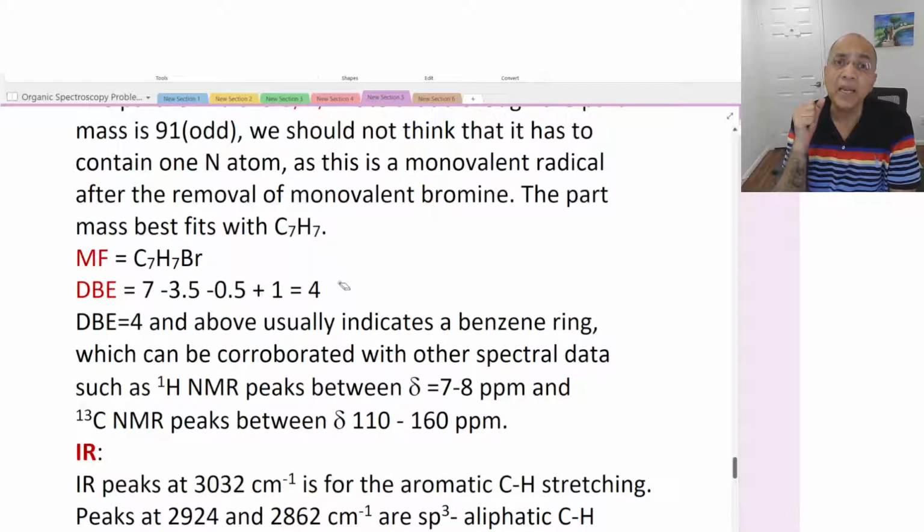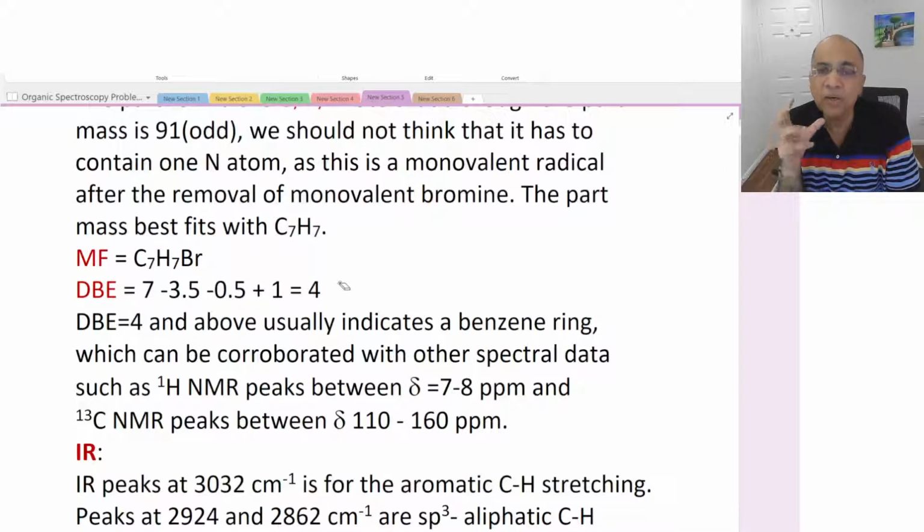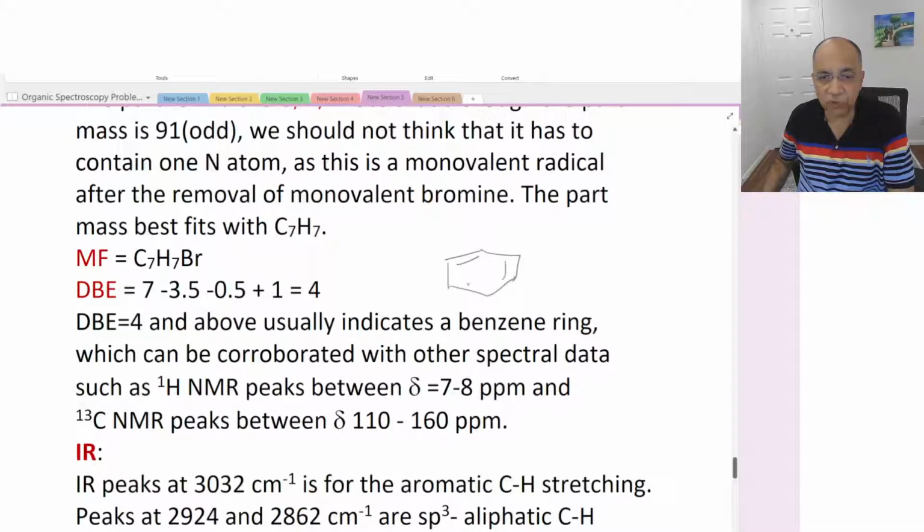When you get a DBE, double bond equivalent or index of hydrogen deficiency, of 4, you can suspect the compound to be aromatic, because the benzene ring itself has a DBE of 4: 3 for the 3 double bonds and 1 for the ring.